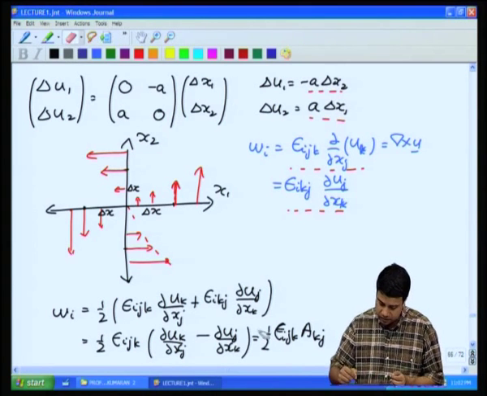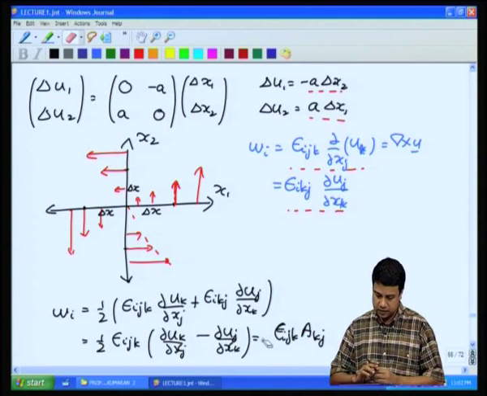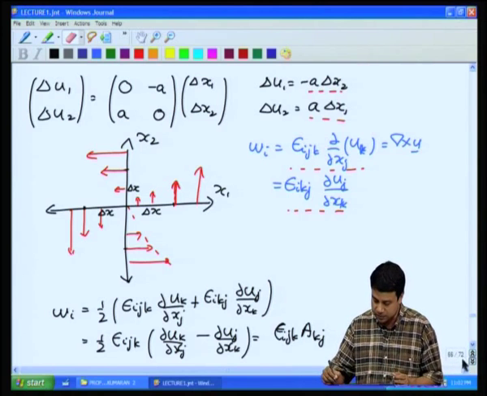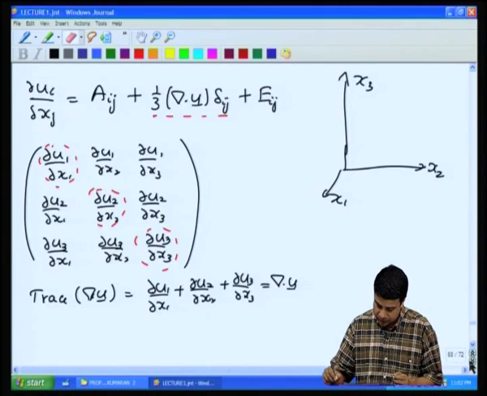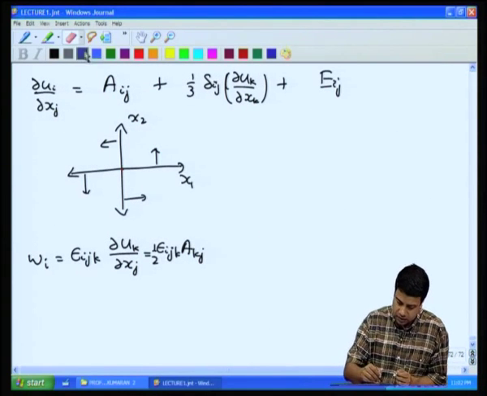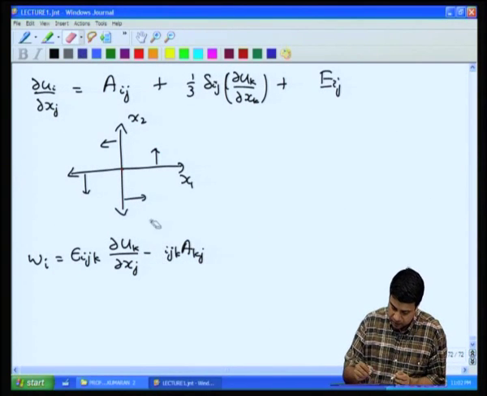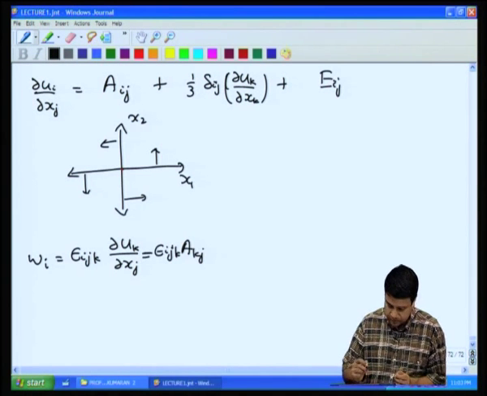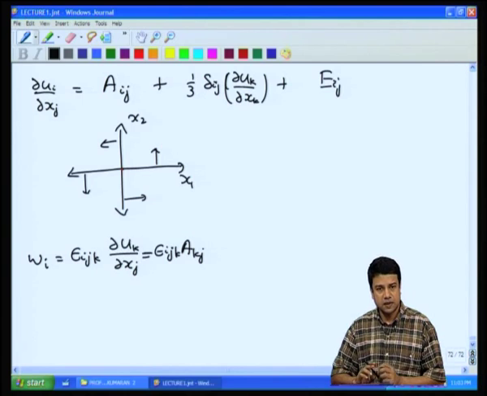Okay. So, there should be no half in front here, because half of the difference between these two is just the antisymmetric part. So, please correct that in the previous lecture. I had written a half here, so that half should not be there. Okay. So, that is the antisymmetric part of the rate of deformation tensor.